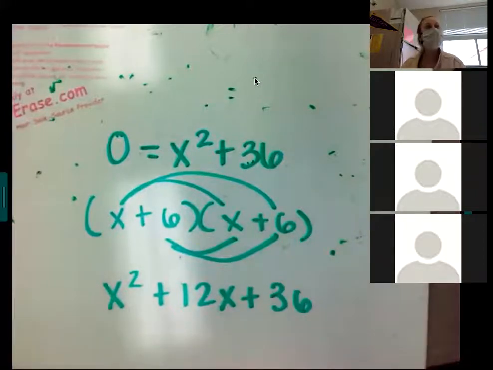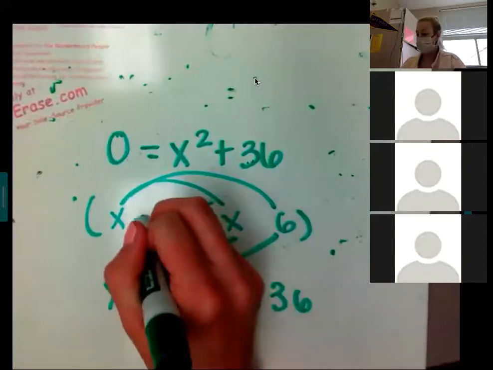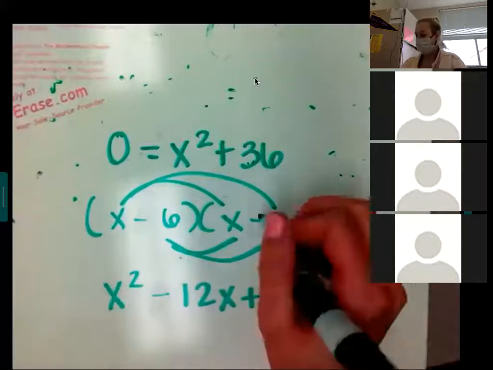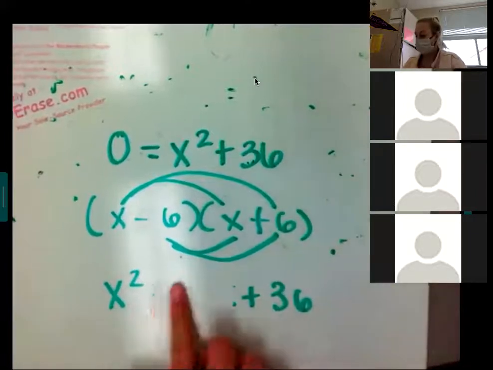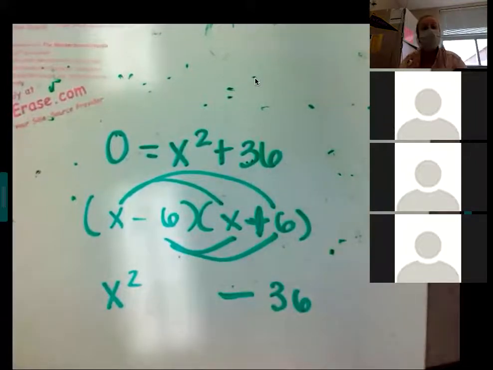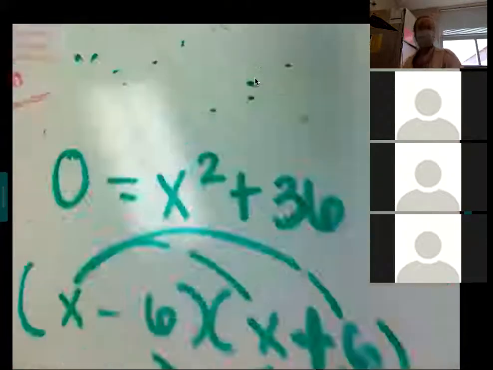Well, then y'all told me, what if you make them both negative? That just makes the 12x in the middle a negative. And then y'all said, well, what if they're different? Then there is nothing in the middle, and this is negative. So you cannot factor 2 perfect squares that are adding. It's not even an option for this one.